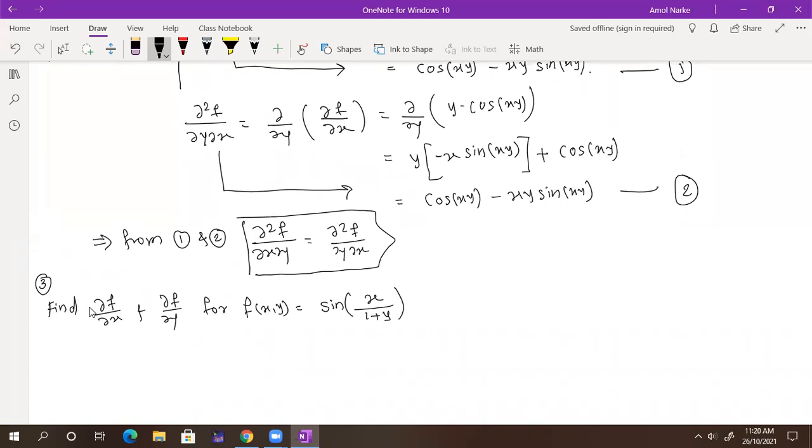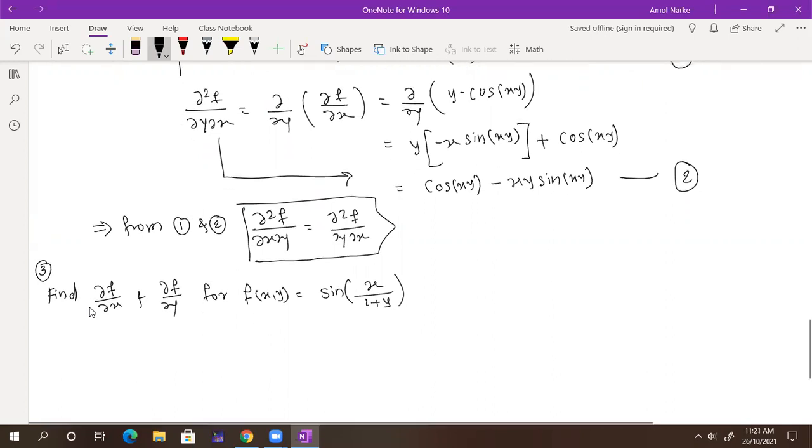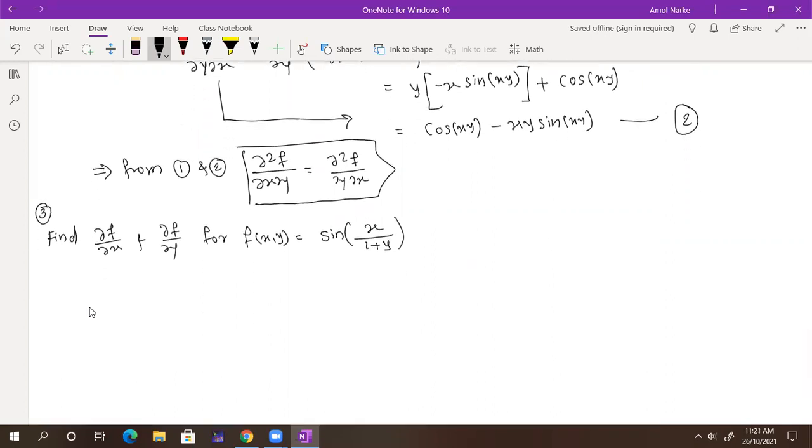Yes, tell me. Sir, for dx, the x term, it should be cos x divided by 1 plus y.